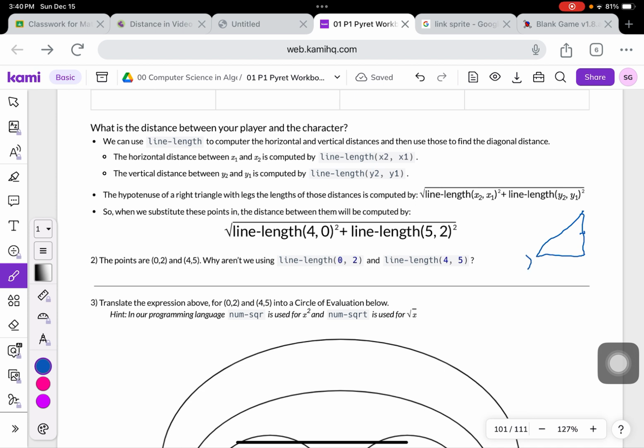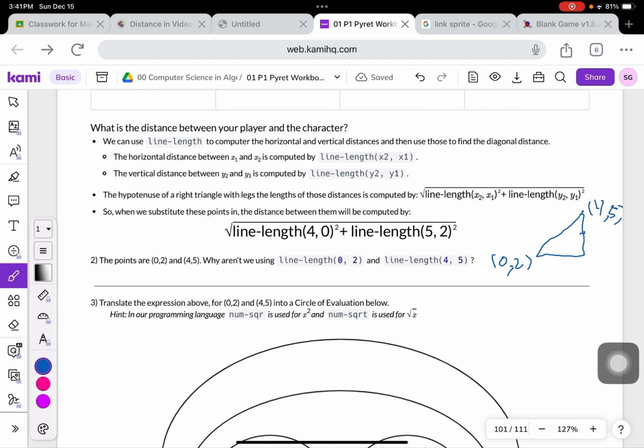So this is 0, 2 here. And this is 4, 5 up here. So if we do line length 0, 2, what does that even do? That's just the distance this is from the origin. And line length 4, 5 would be like there.